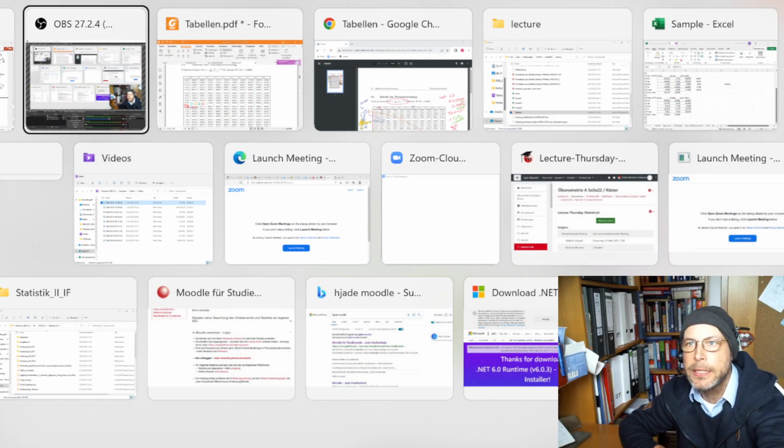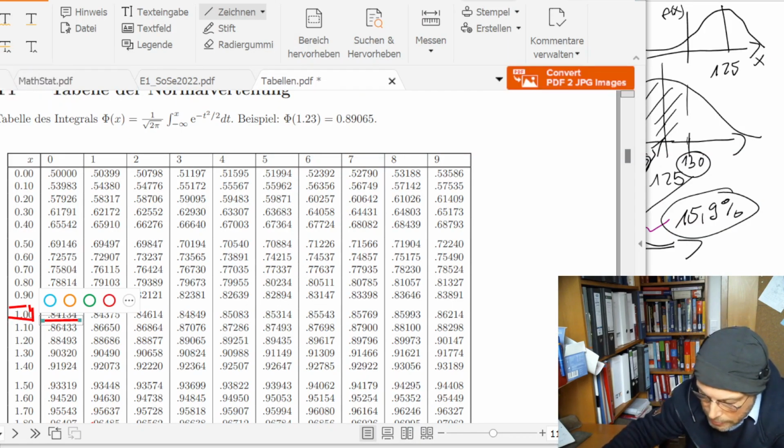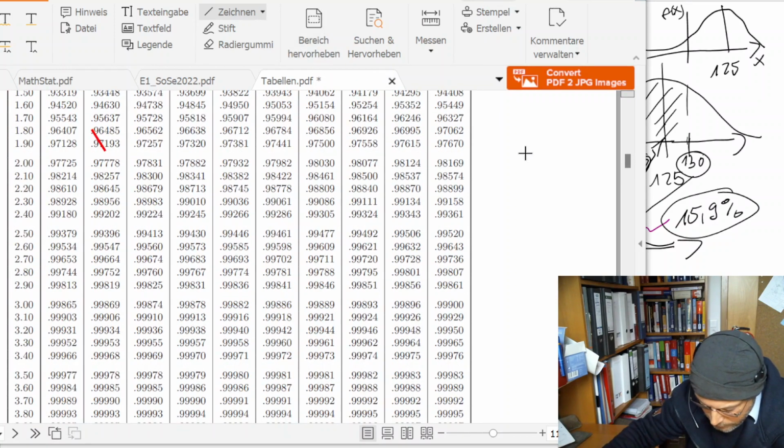We go again in our table. Then I have to go down. Where do we have our 3?